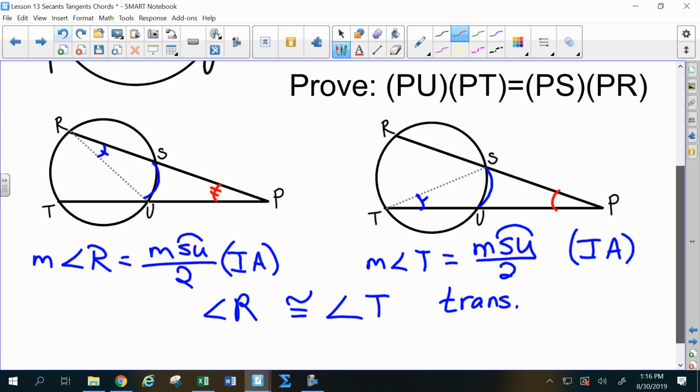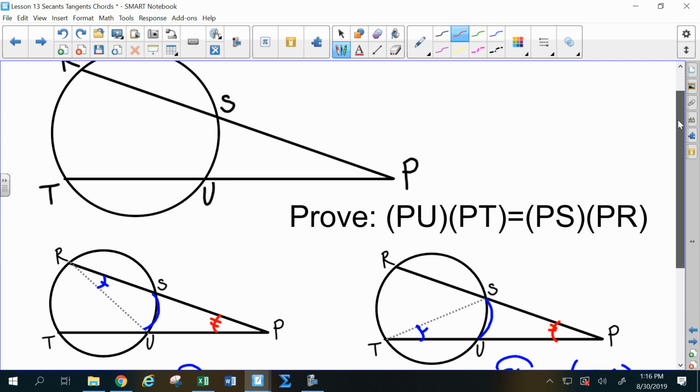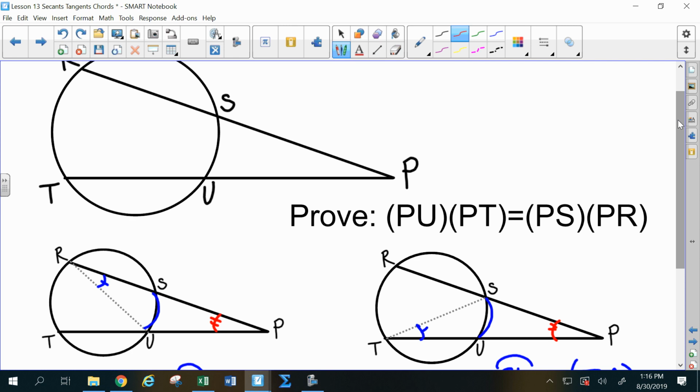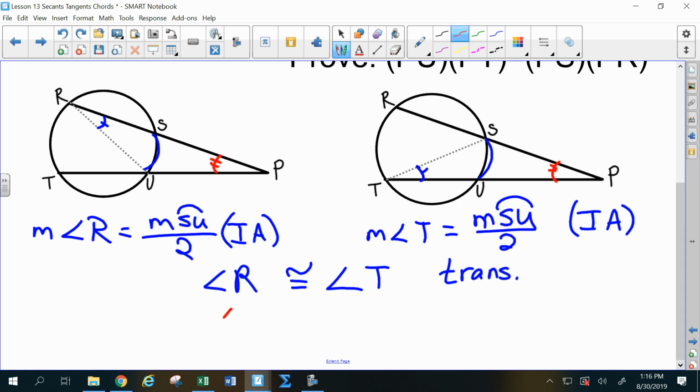And the reason for that, remember, these are both really just the same picture. They are both actually this angle P, so it's going to be the reflexive property. So angle P is congruent to angle P, reflexive property. Two sets of congruent angles.